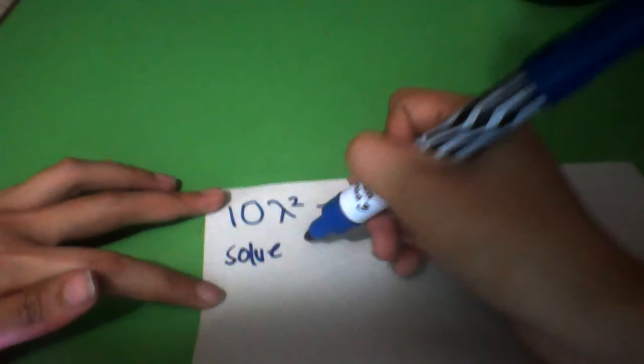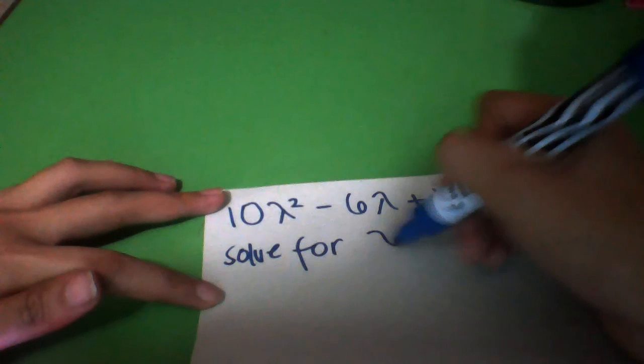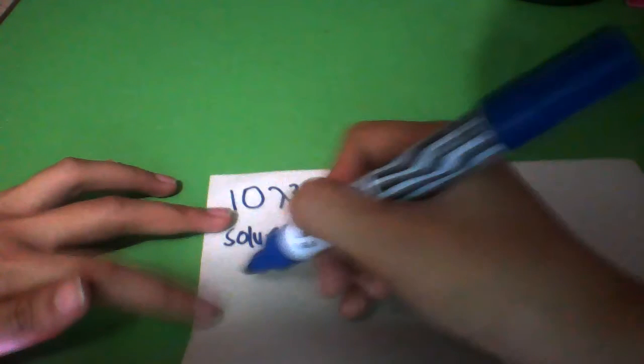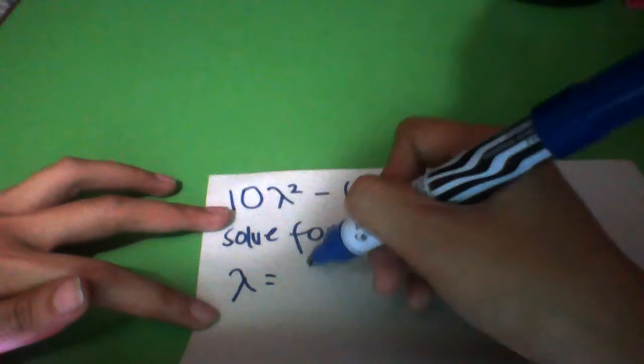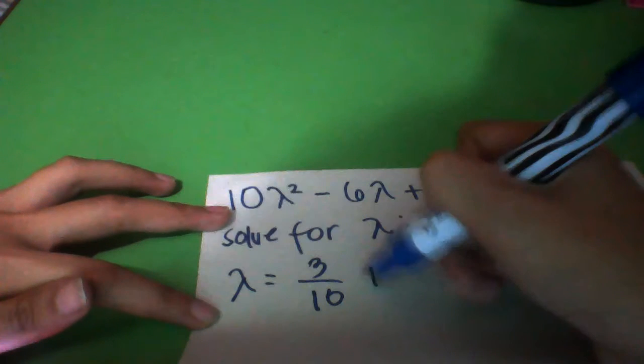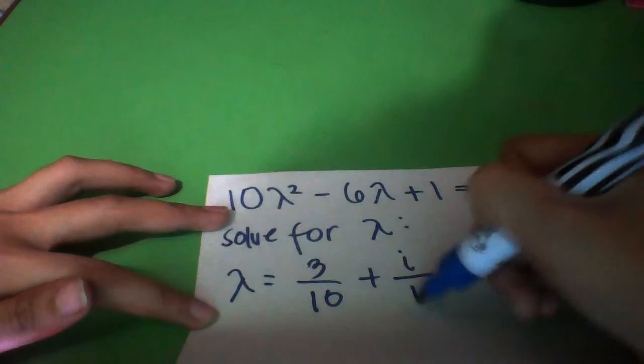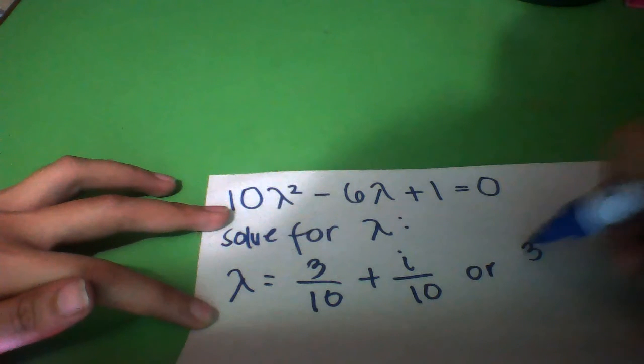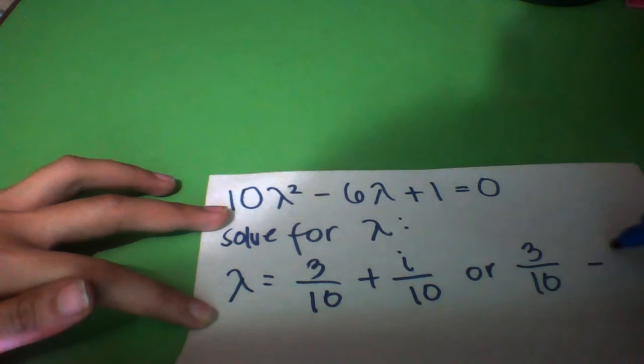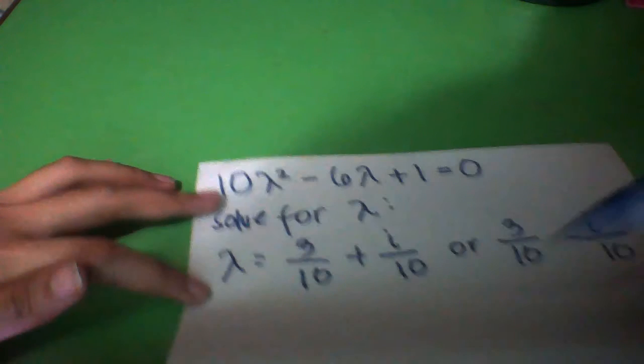Solve for lambda. So lambda is equal to 3 over 10 plus i over 10 or 3 over 10 minus i over 10.